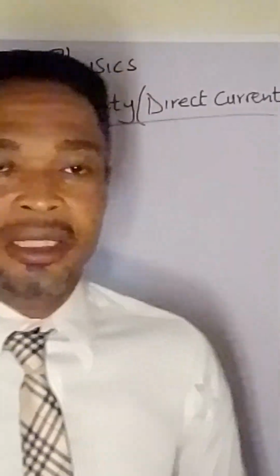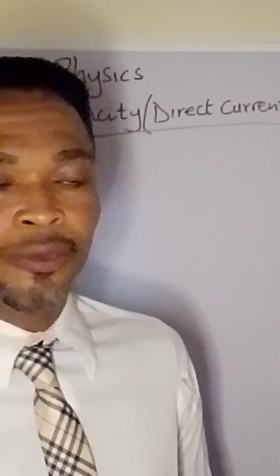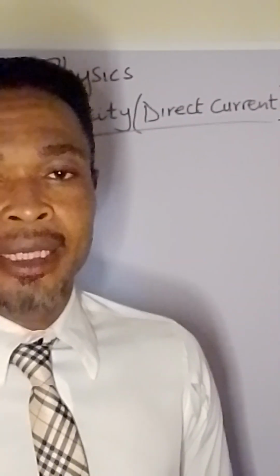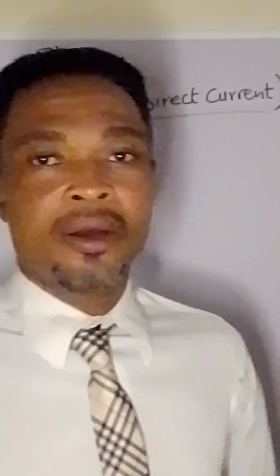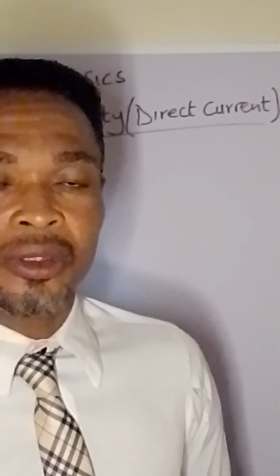Under direct current, we are talking about currents that are produced from a cell. And in this direct current, there are components that form the electric circuit.